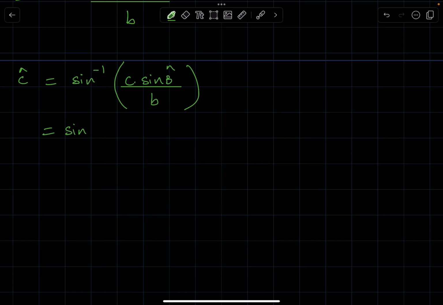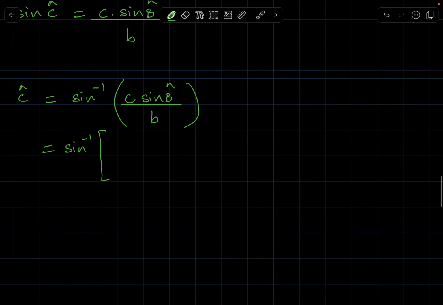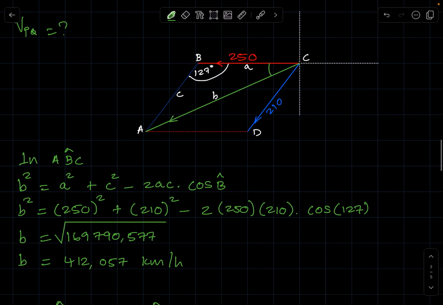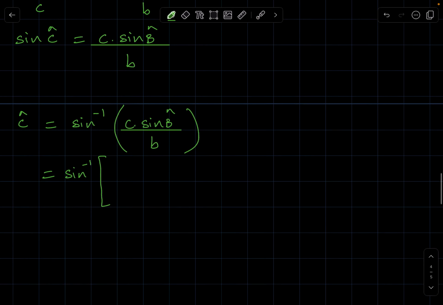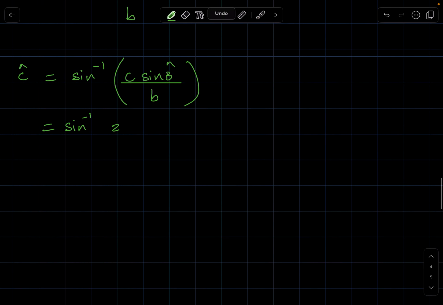Now all you do is substitute. So you have arc sine of side C. What is side C equal to? Remember, side C is equal to 210. So this is 210 sine B. Remember, B is 127 degrees.